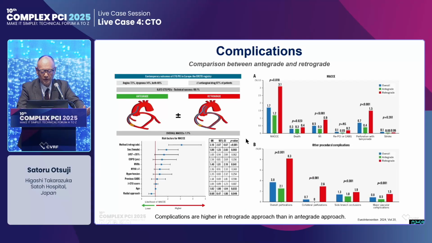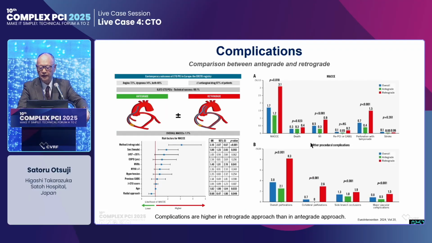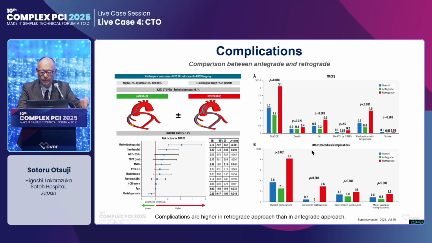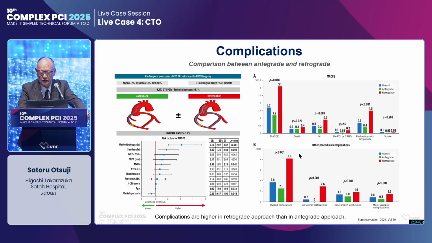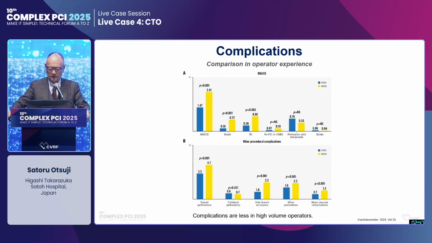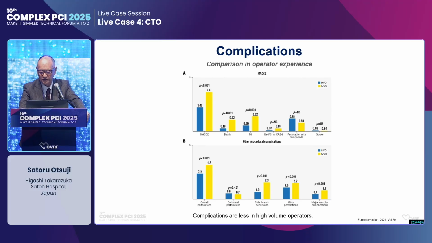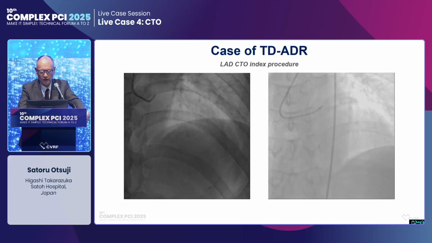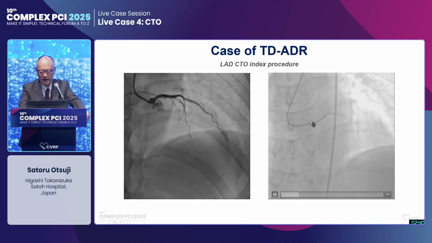The European data also shows the retrograde approach complication rate is higher than the antegrade, and it depends on operator experience. Experience is the key factor for the complication rate. I'd like to show one case of the TD-ADR.